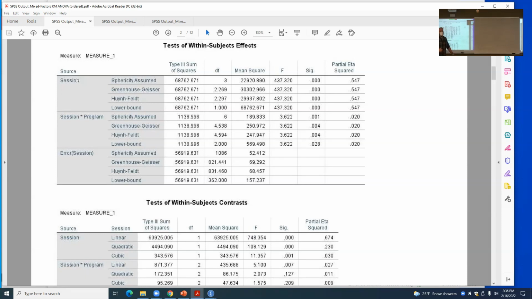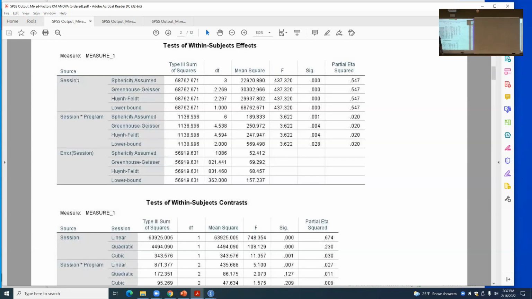Yes, perfect. This is just my main effect of my repeated assessment. Do we have evidence for an effect here? Yeah, and it's massive, right? This is collapsing across groups, ignoring treatment group. Do we have evidence of differences in means across my repeated assessments?